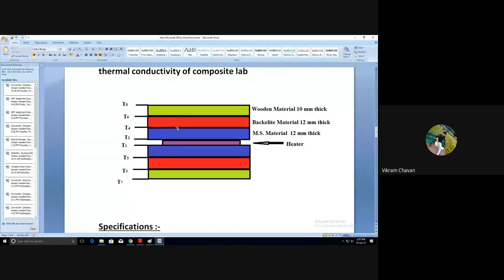Now a similar configuration is provided on the other side of the heater. The heater is placed in between two composite slabs having the similar configuration. The same MS plate, blue colored, is provided on the other side of the heater, and then the bakelite material, red colored, and the green material, which is the wooden plate.